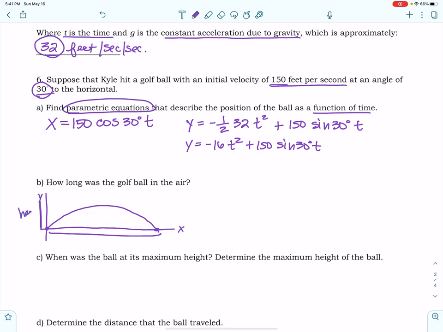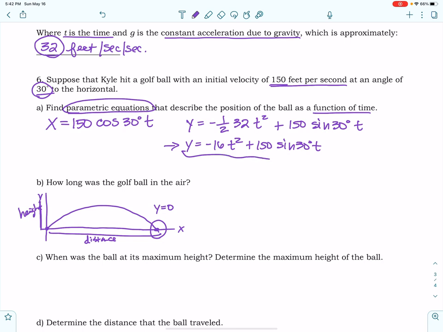So this is the height. This is the distance, and of course time is passing as this ball is in the air. So we want to know how much time passes before the ball gets right here when y is at 0 again. All right, so I'm looking for t when y is 0.